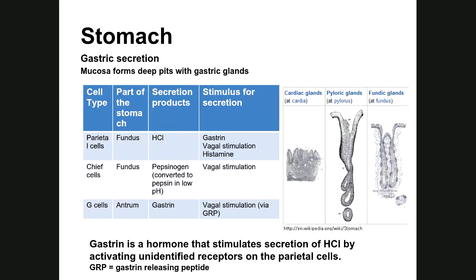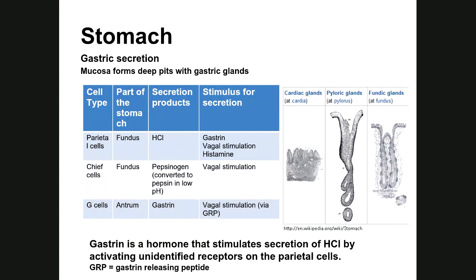All right, and we don't really know what the receptors for gastrin in the parietal cells are. The G cells are found in another part of the stomach that we call the antrum, close to the pyloric region of the stomach. And they are stimulated by vagal stimulation or by gastrin-releasing peptide, GRP.